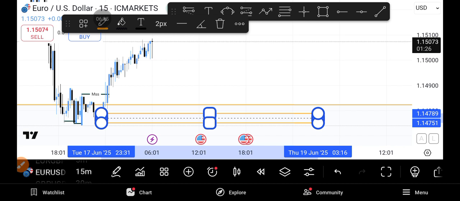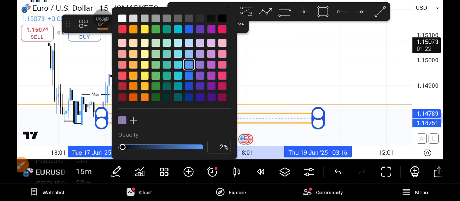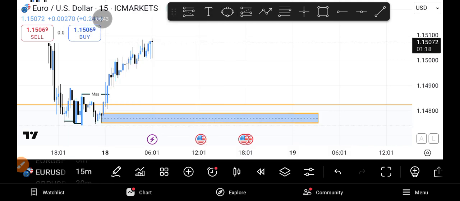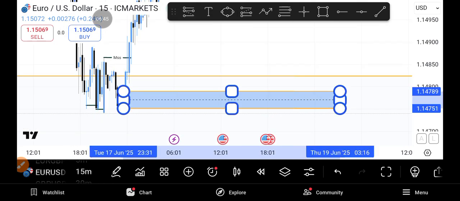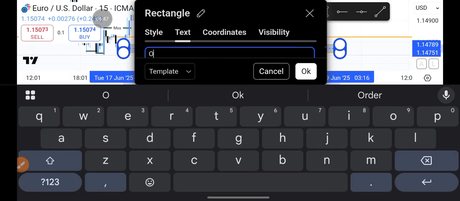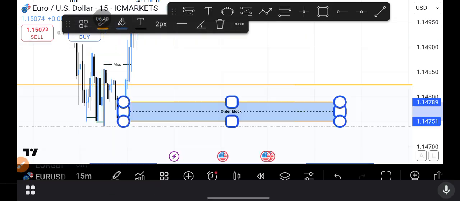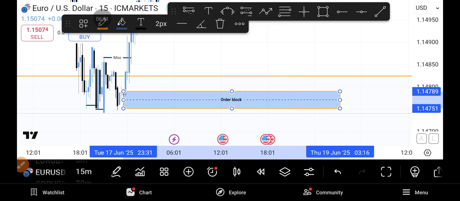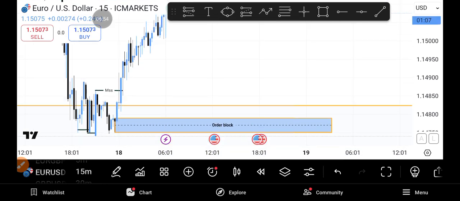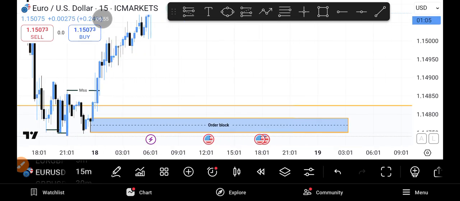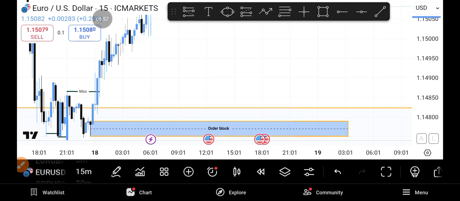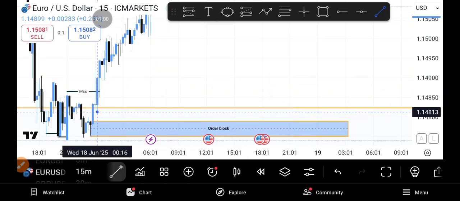Let me change the color. So I've changed the color. These are the 15 minutes OB, order block. Can you see that, guys? And if you study, there is also liquidity protecting this.